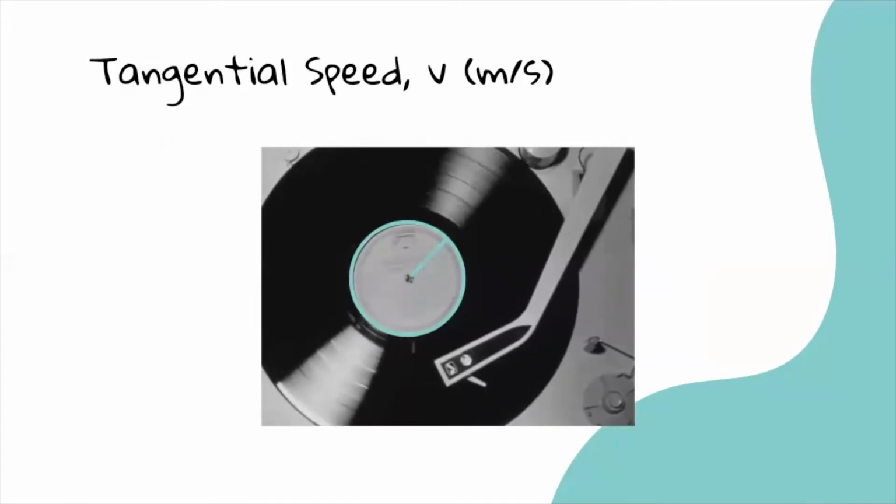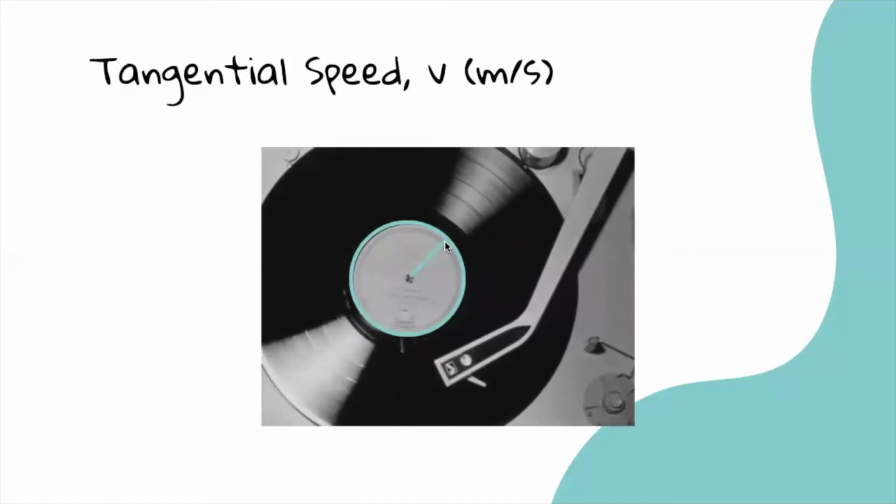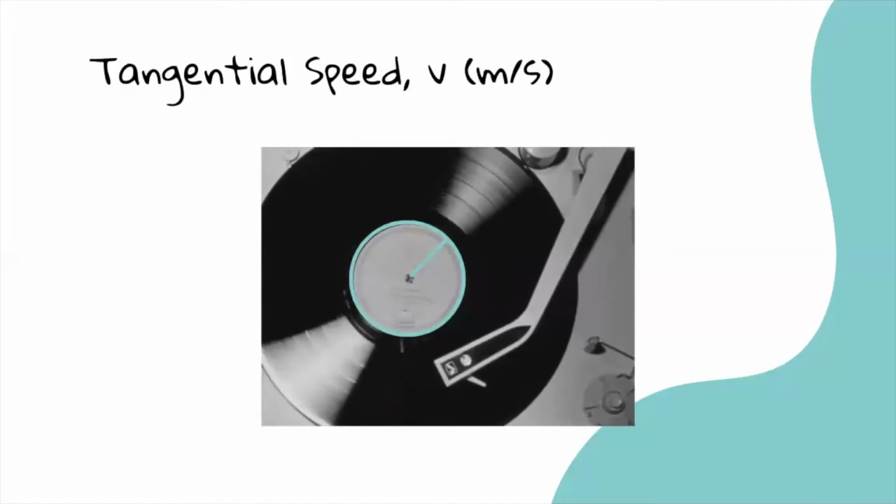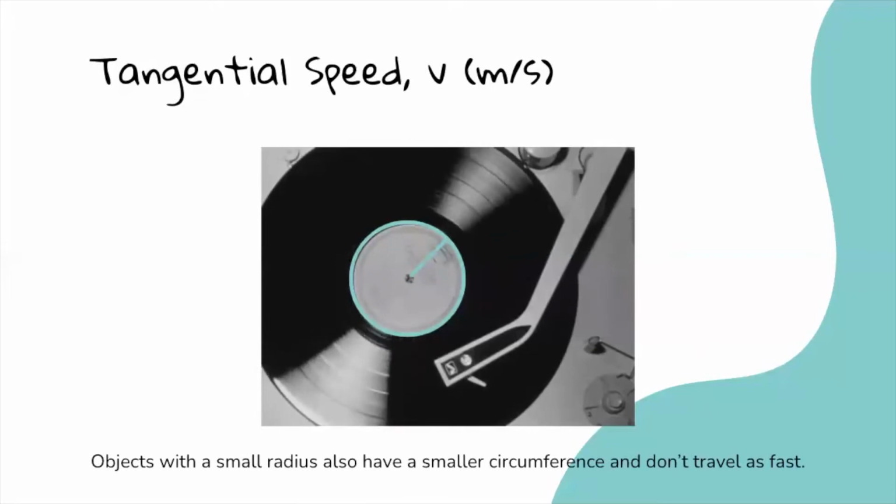If I pick a point that's close to the center of the record player, like right at the edge of the label here, that point has a small radius, and so it travels a small circumference. That means it travels a small distance in the same amount of time. That means things that are close, things that have a small radius, travel slowly.